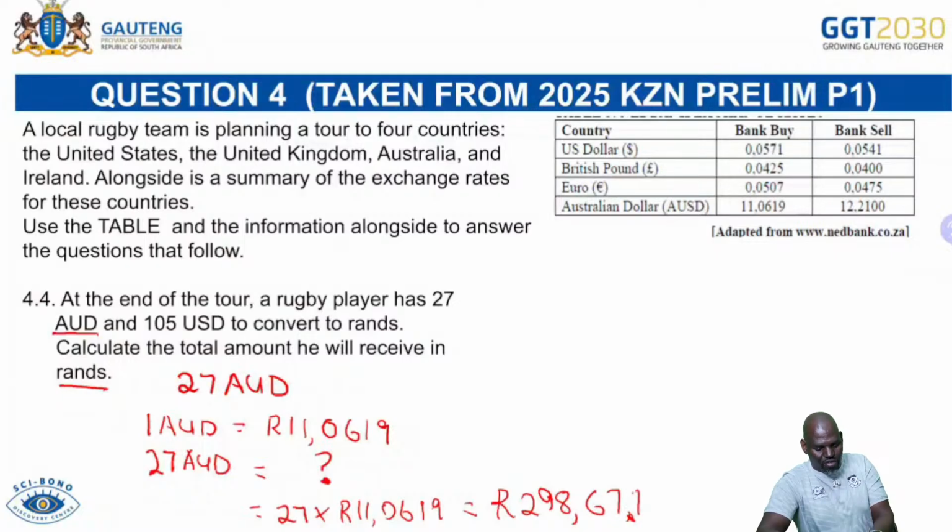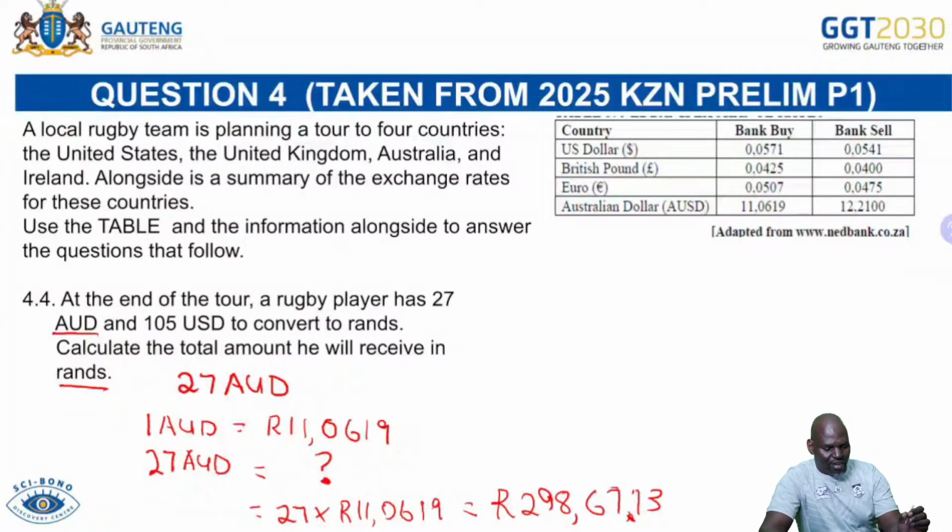Sorry, we don't round it off. So if we convert the 27 Australian dollars to rands, we get 298 rand and 67 cents. But we don't round it off because it's not the final answer.